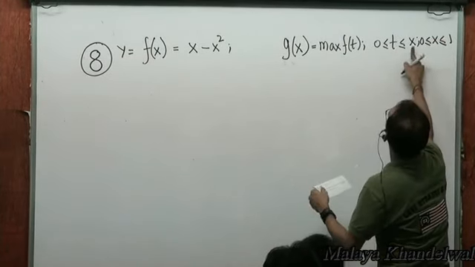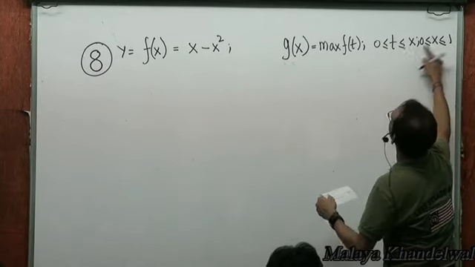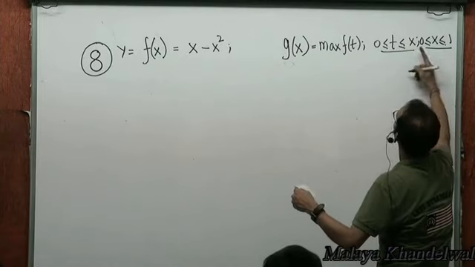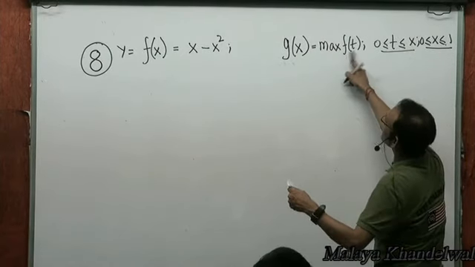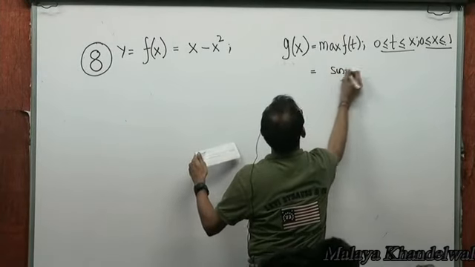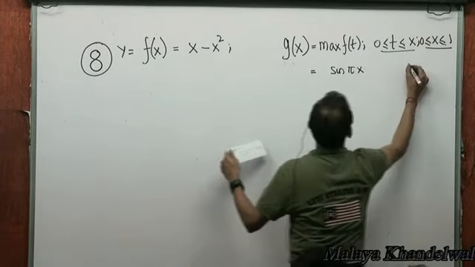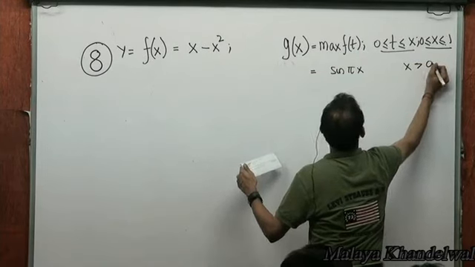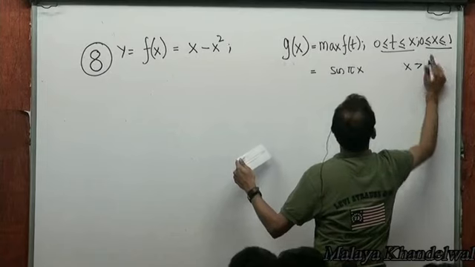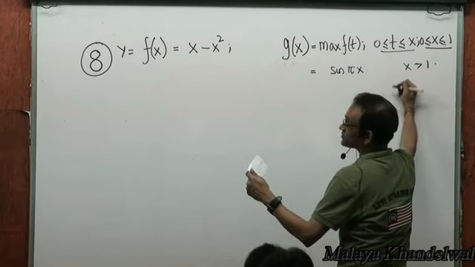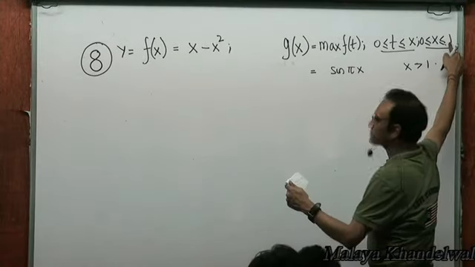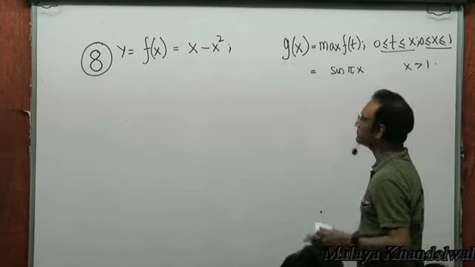T lying between 0 and x, whereas x lies between 0 and 1. Please understand this, and I will explain. Gx is given by maximum ft and is sine pi x for x greater than 1. It must be x greater than 1, because between 0 and 1, this is the description. All right.